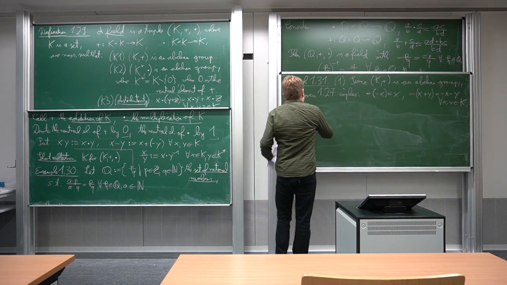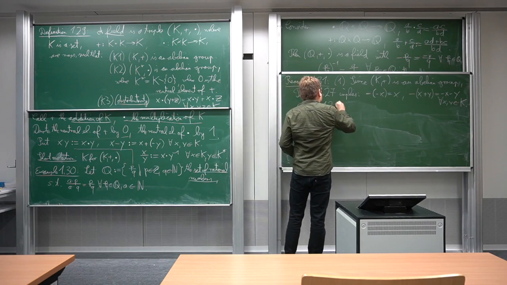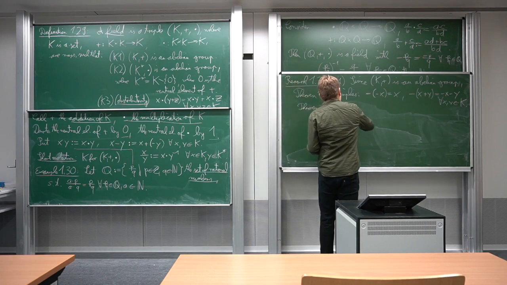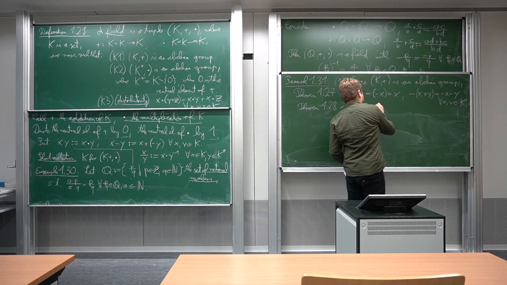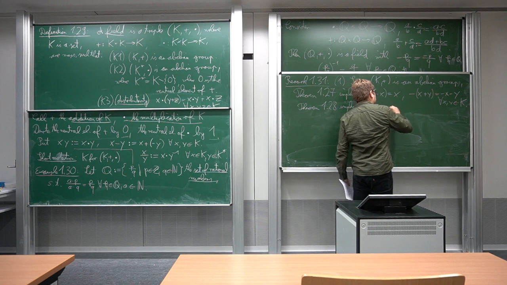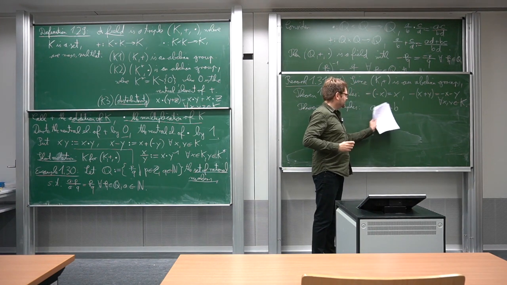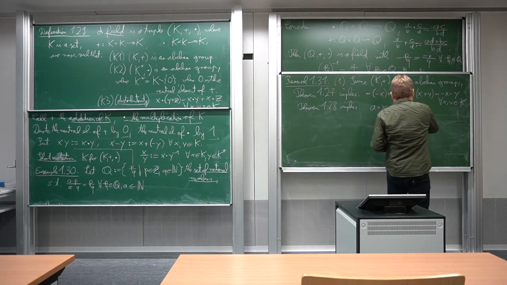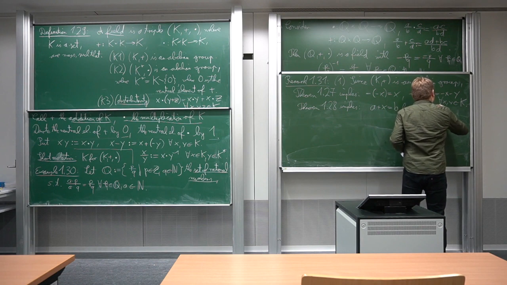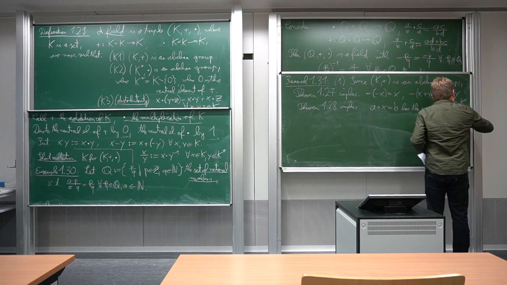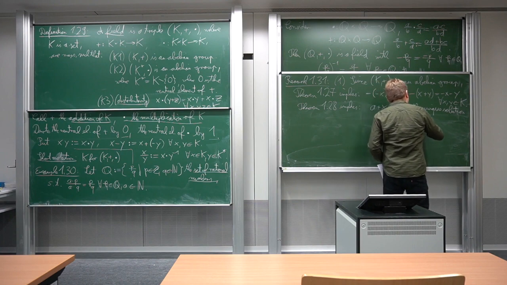Okay, in the same way, Theorem 128 was about the uniqueness of solutions of certain equations. With respect to this operation, this implies that a plus x equal to b has a unique solution, x equal to b minus a.